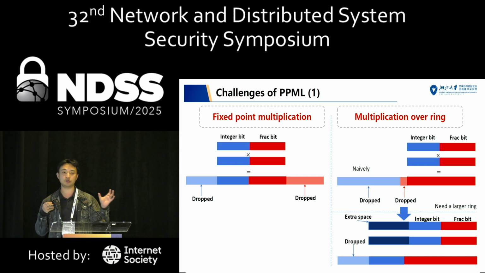Basically, each number has an integer part and a fractional part, and if you do multiplication, the integer part expands, the fractional part expands, then we drop the least significant fractional part, we drop the most significant bits, and hopefully they are zero. If they are not zero, we are screwed, because it's the most significant bit. It affects the result too much.